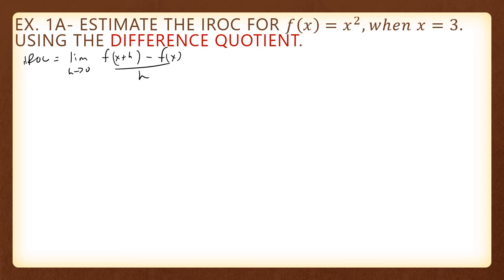So now, technically speaking, the limit as h goes to 0 should be there at every single line of your step. So equals limit as h goes to 0. Next line, equals limit as h goes to 0. As long as you have it in at the beginning and at the end, I'm fine with that. I'm not going to take marks off. I'm not going to be a stickler for that.